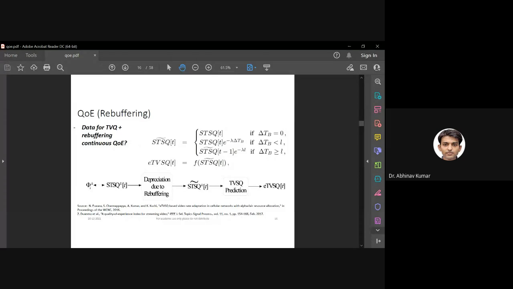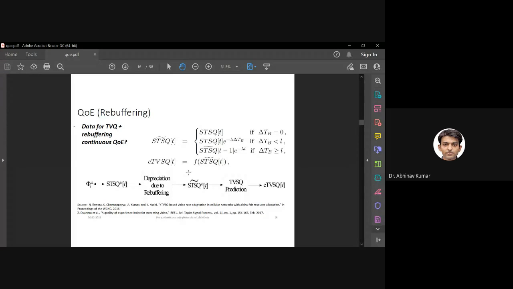So now we are trying to capture the time varying quality and model rebuffering into that setup, and then compute continuous QoE. Because this was one of our preliminary works, we said, fine, typically in networks we look at exponential decay models.